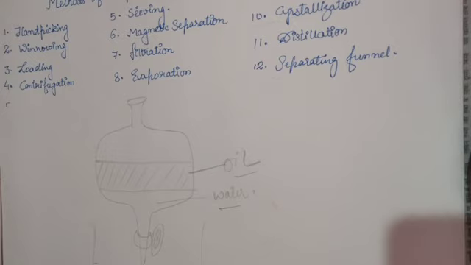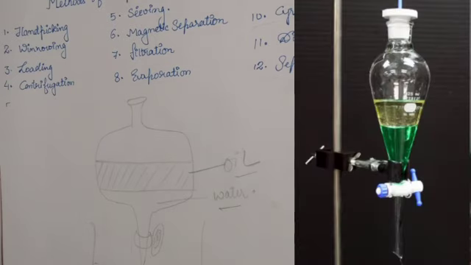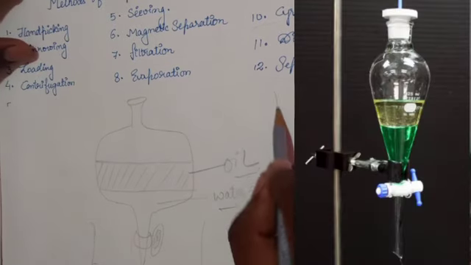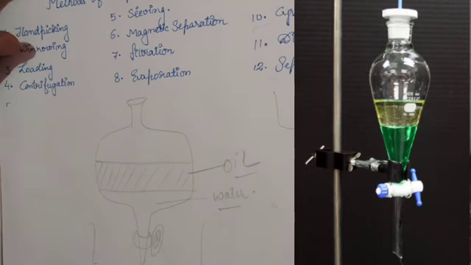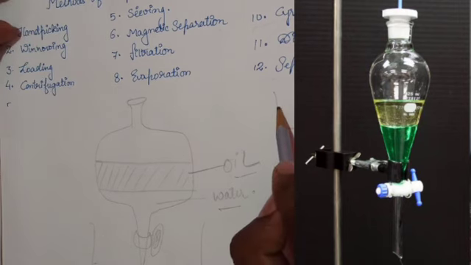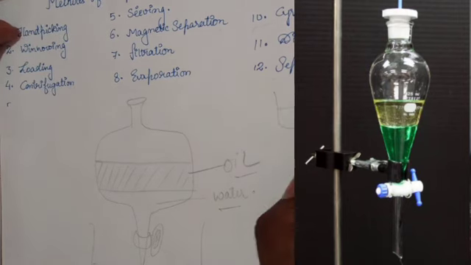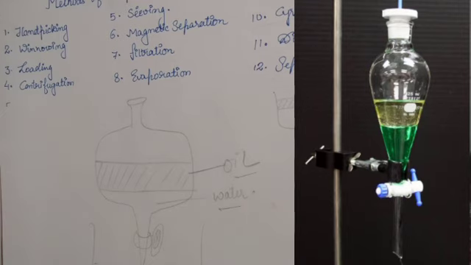For example, oil and water. You can do this at home. You take a glass beaker and put some water, and on top you put some oil. You'll see that the oil will start floating on the surface of the water.